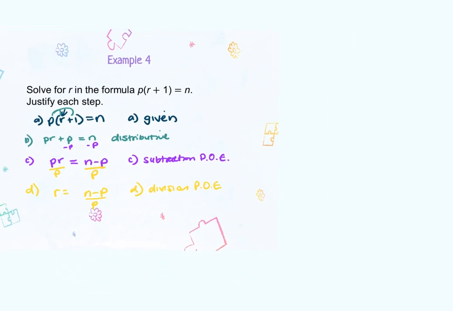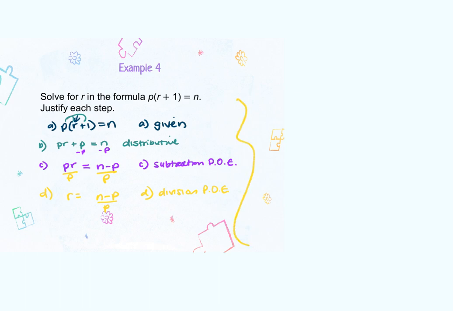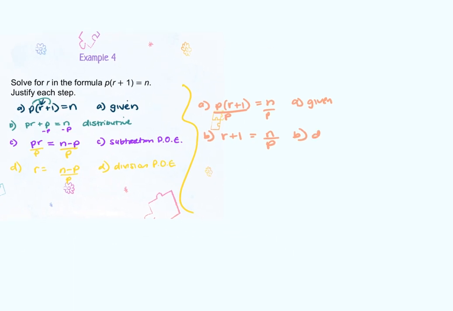Now, I also could have done it completely different order, but still correct. Start the same way. p(r plus 1) equals n, and that's given. I could have divided both sides by p. r plus 1 equals n over p, and that's division property.